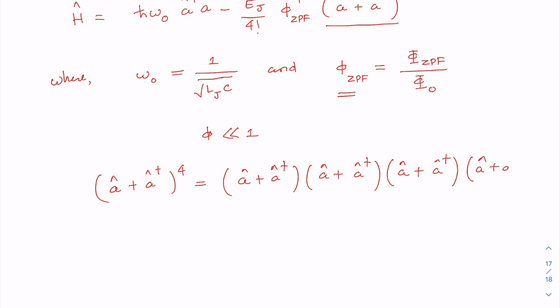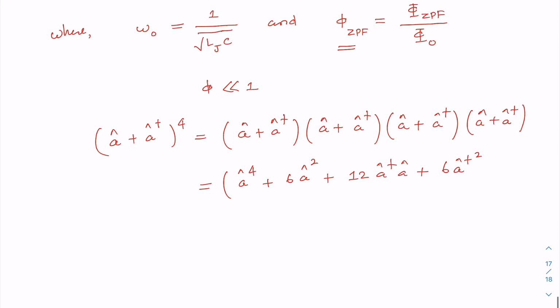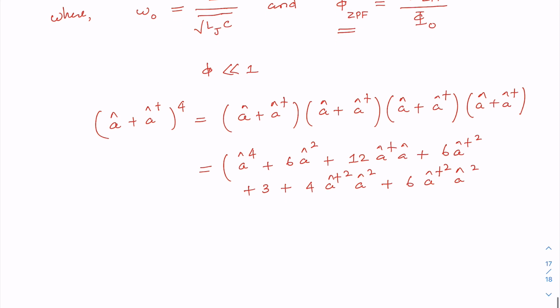If we expand the whole thing, please try to do that, you will get all these terms. Let me write down. You will get a to the power 4 plus 6 a square plus 12 a dagger a plus 6 a dagger square plus 3 plus 4 a dagger square a square plus 6 a dagger square a square.